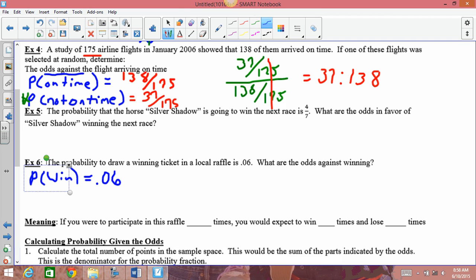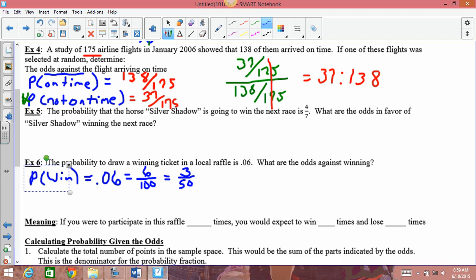I want to get it back to a fraction. If you say that decimal out loud, of course we could say it as 0.06, but this is in the tenths, hundredths. Another way to say that is 6/100ths. You just said it as a fraction, 6/100, which can be reduced to 3/50.